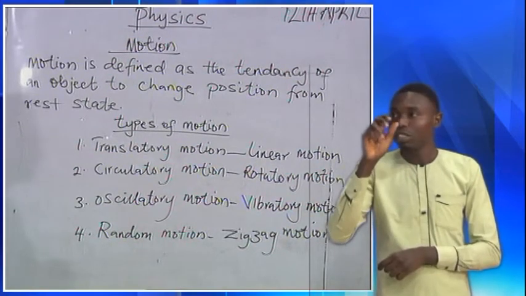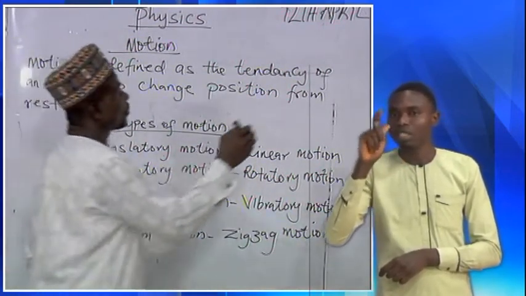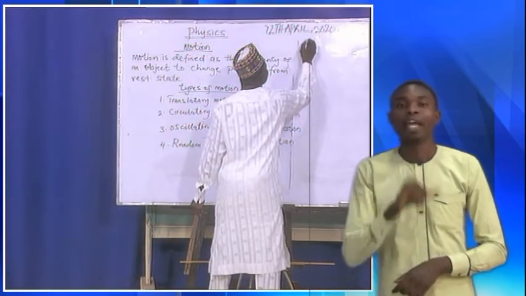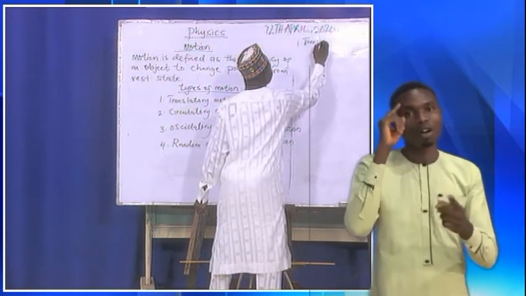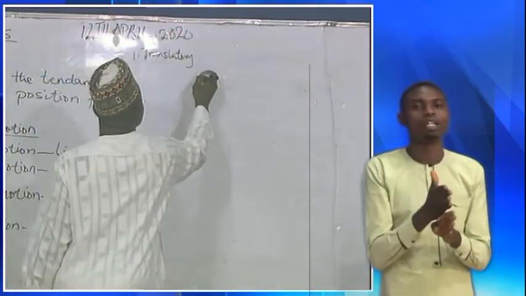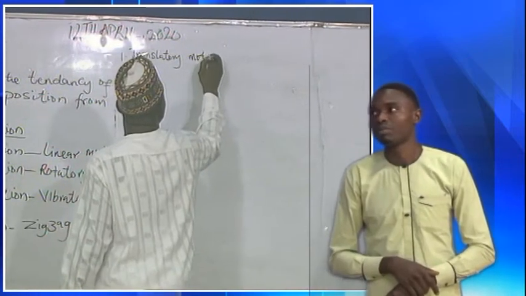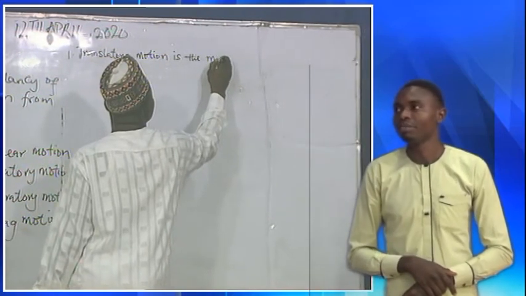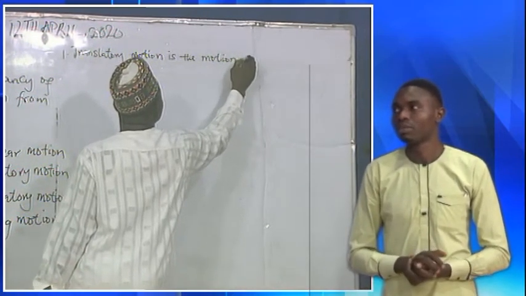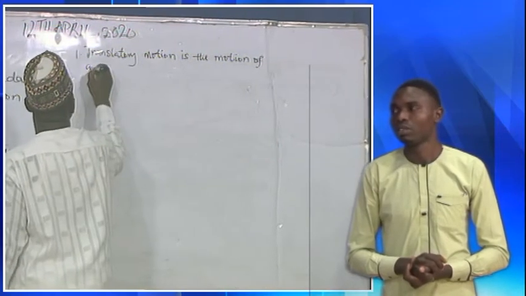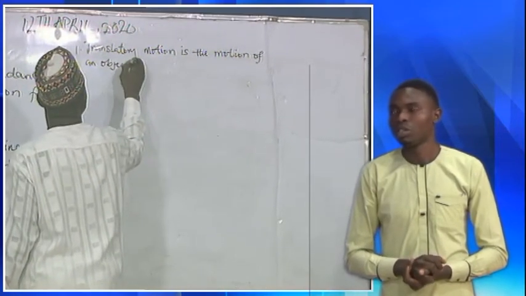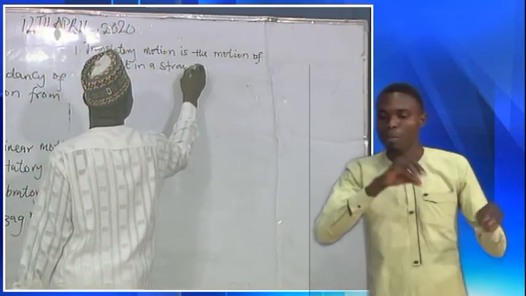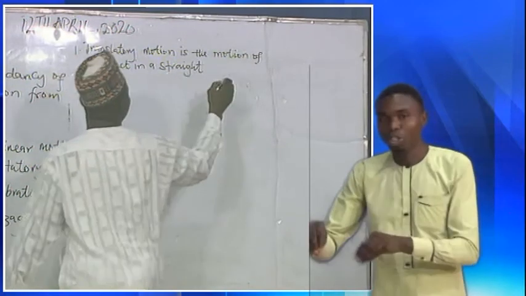Translatory motion or linear motion is the motion of an object in a straight line or direction.